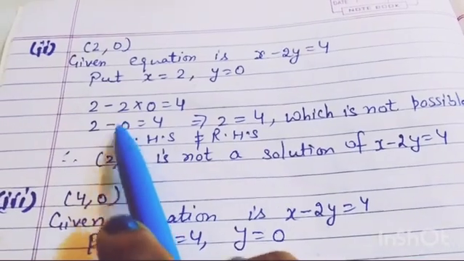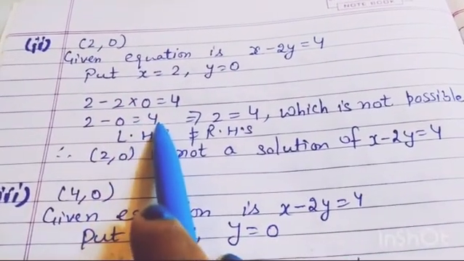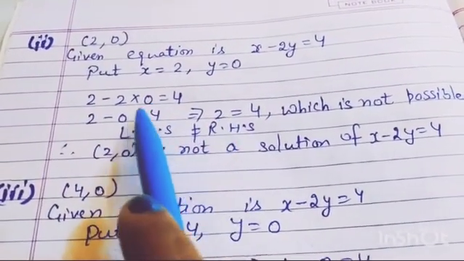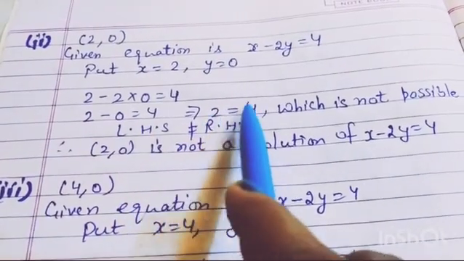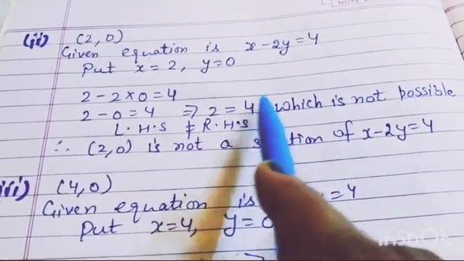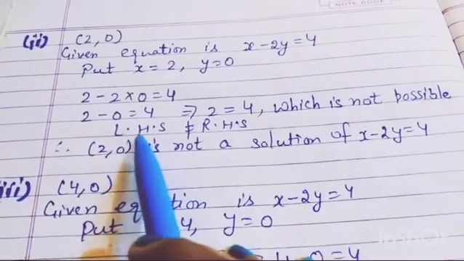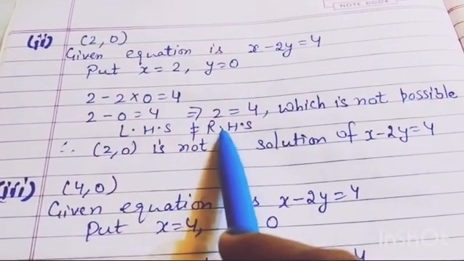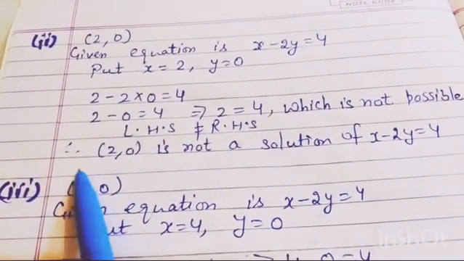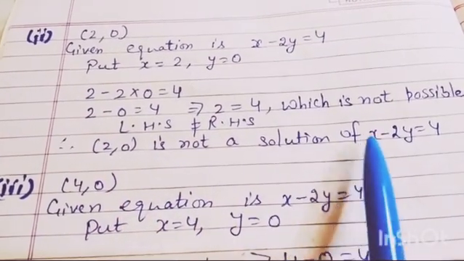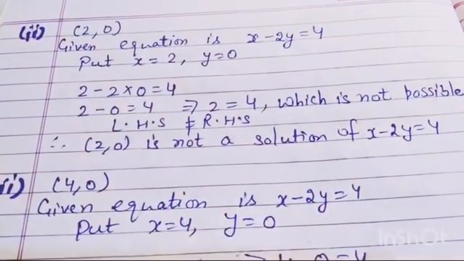Then we get 2 minus 0, 2 zeros are 0, equal to 4. 2 minus 0 is 2 and 4 as it is. Then is it right? 2 equal to 4? No, which is not possible. Therefore we can say left hand side is not equal to right hand side. Therefore (2, 0) is not a solution of x minus 2y equal to 4.